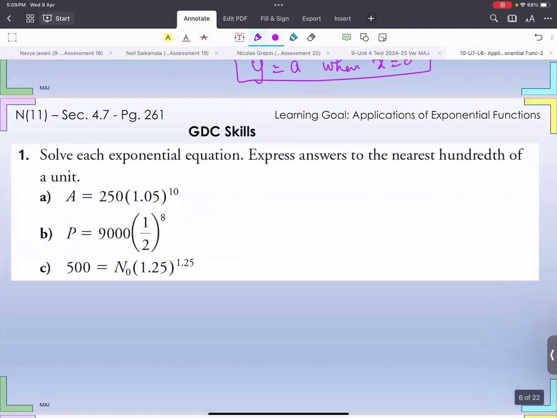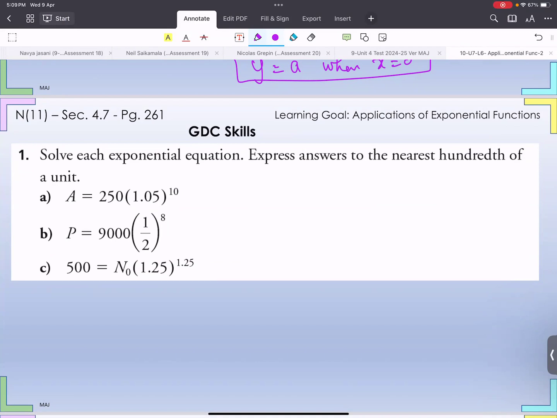I also want you to get used to your graphing calculator skills, so make sure that you use your graphing calculator and just type this in and see what you get. Go ahead. I'm going to grab my graphing calculator and do the same thing.